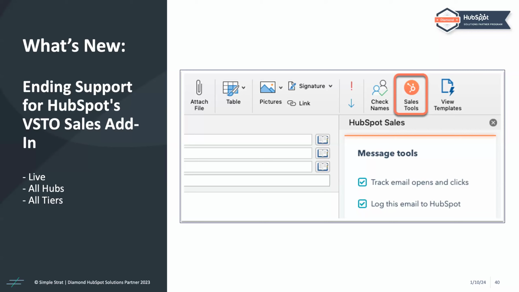I do want to be clear that everywhere online, HubSpot calls this their web add-in. It does still work on the desktop version of Outlook. So it shouldn't really be a big change to how you use HubSpot and how you track emails to HubSpot and all of that. But just note that if you update Outlook, you may have issues with your HubSpot add-in if you're still using the old one.